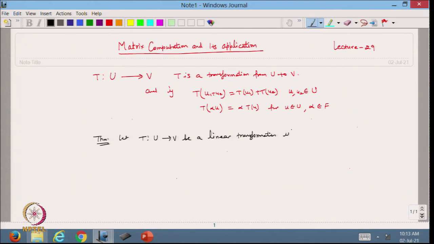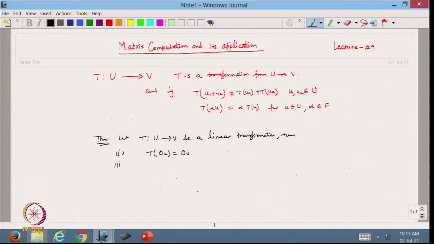Then, the first one I want to show is that T of the 0 element in U will map to the 0 element in V.